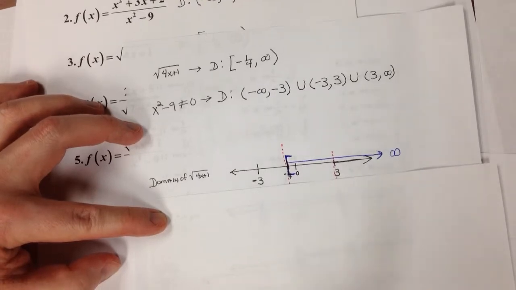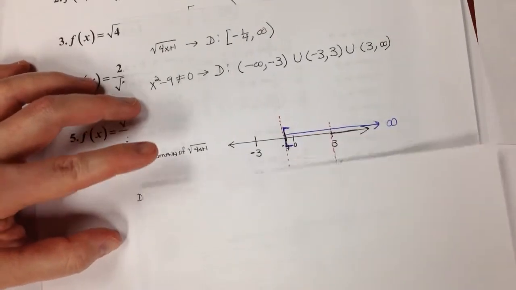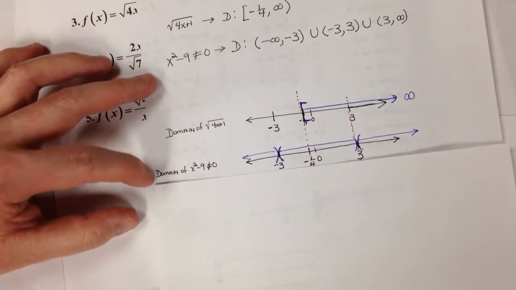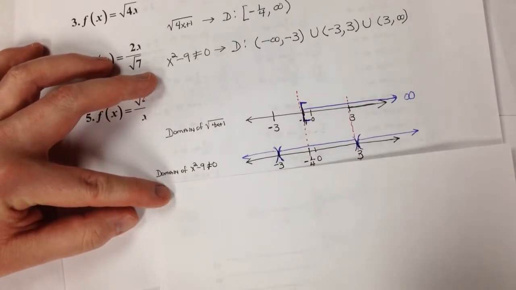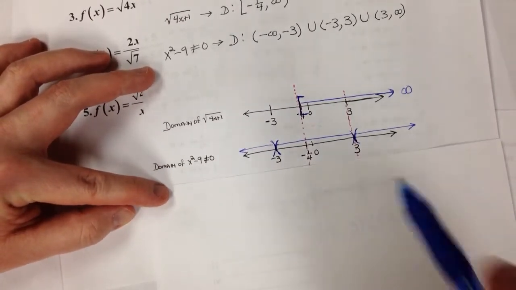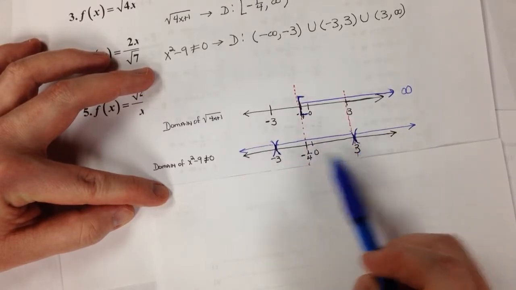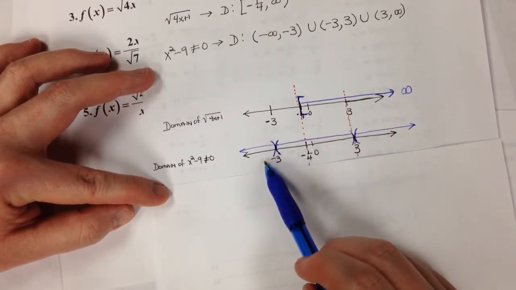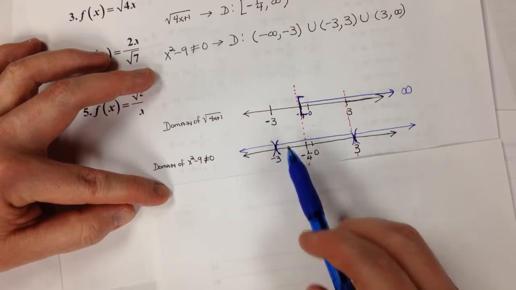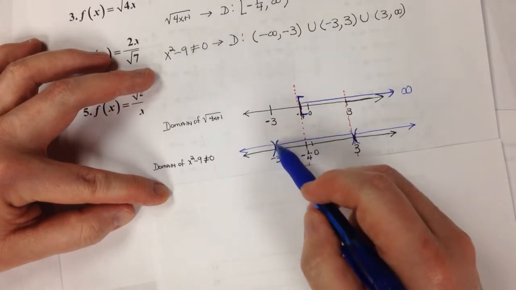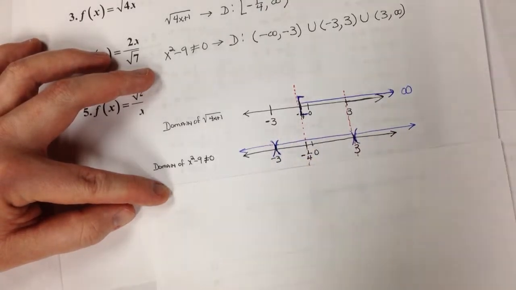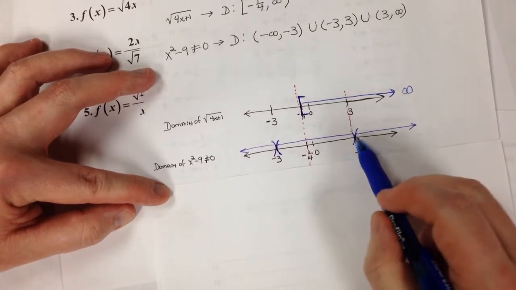So for the domain of x squared minus 9 not being equal to 0, we're looking at the exclusion of negative and positive 3. From a number line perspective, you're going to have parentheses or a hole located at negative 3, likewise at positive 3.